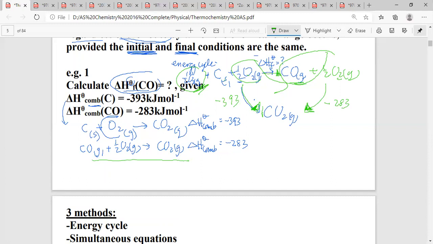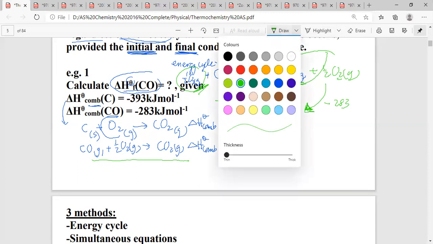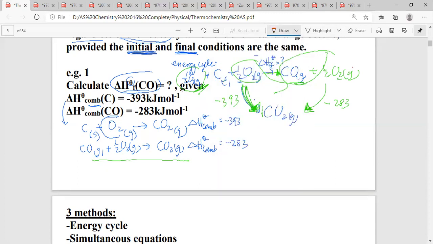Now, Hess's law says that the initial root A and root B are the same. So what's the first root? Now follow the arrow. Let me put red to make it easy for you. This is root 1, root A. Root B is the first arrow here to here and here to here.